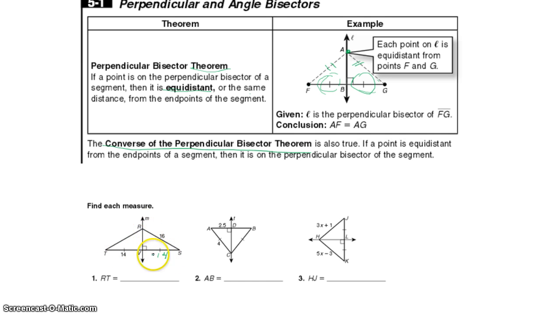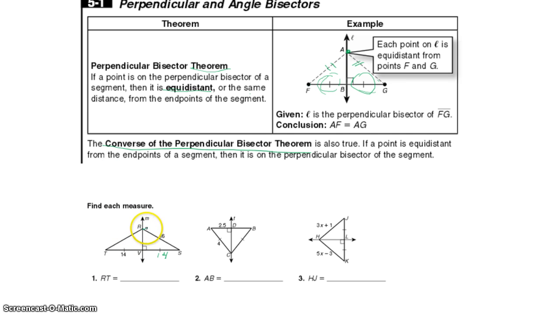And since I know that these are congruent to each other, I know that this is a bisector. I also know that it is a perpendicular bisector. So we go back up to our theorem, and we can see then, okay, so if this is the case, I know that this point is equidistant. So I transfer that thinking down here.